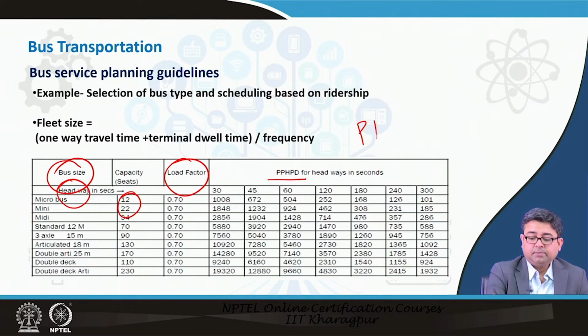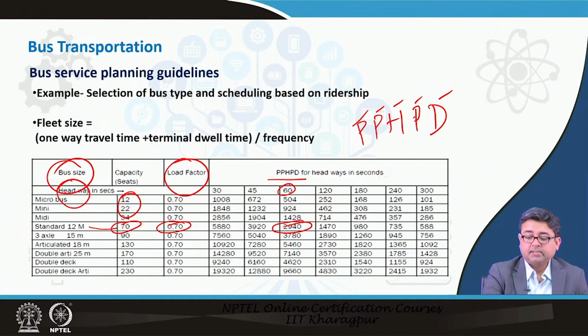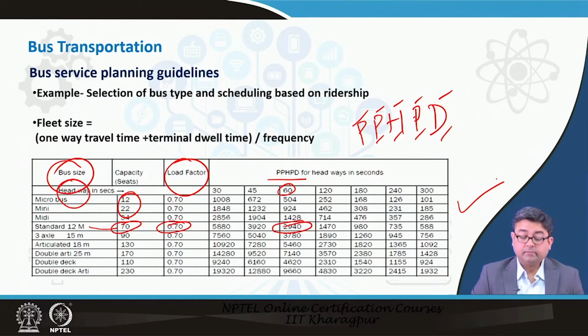So, PPHPD is passengers per hour per direction. How many passengers can a standard bus that has 70 seats, a loading factor of 70% and a headway of 60 seconds carry? Every minute a bus comes, then you can have 2940, approximately 3000 passengers per hour per direction. So, that gives you an idea of how you can plan for your bus service.